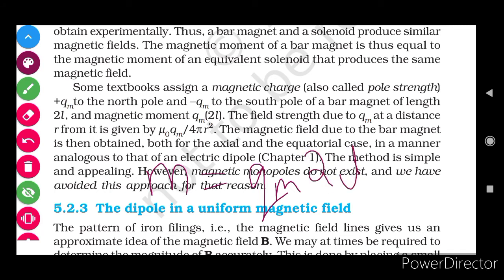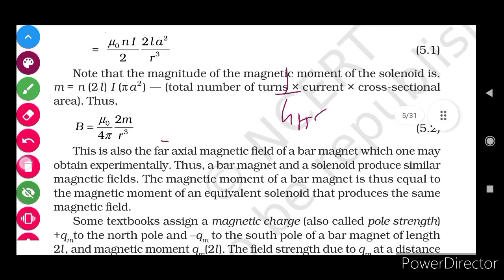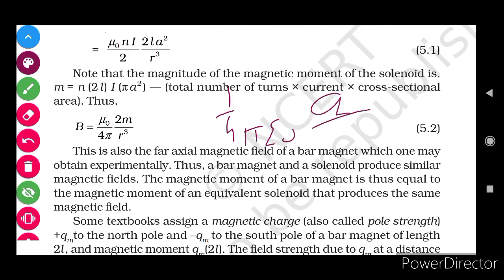If you recall from the electric dipole, the electric field at a distance r due to a single charge was 1 upon 4 pi epsilon naught, q upon r squared.